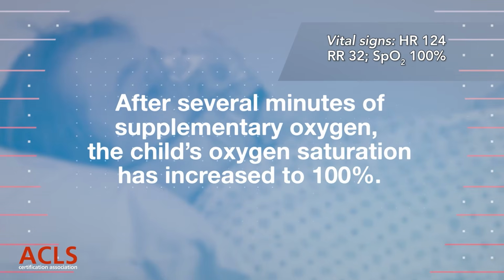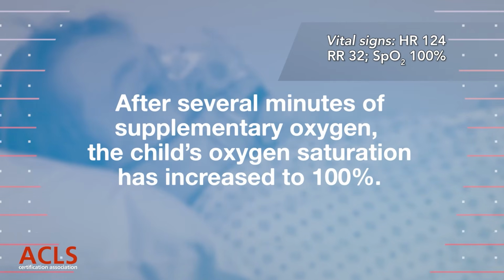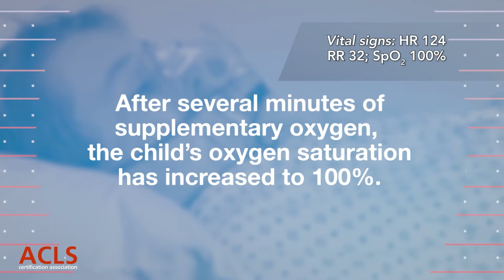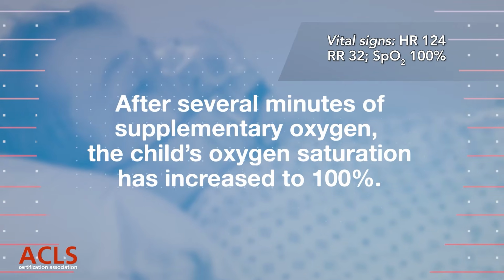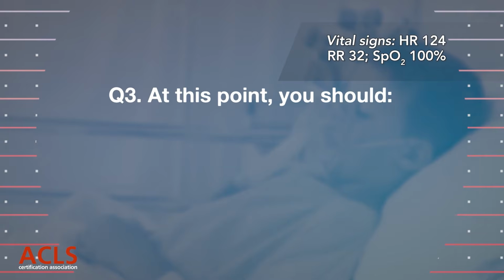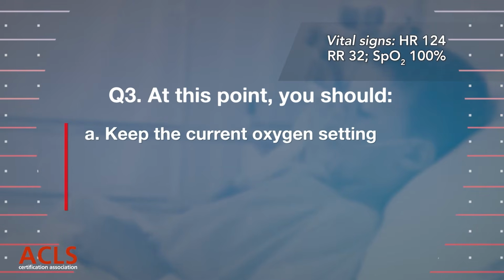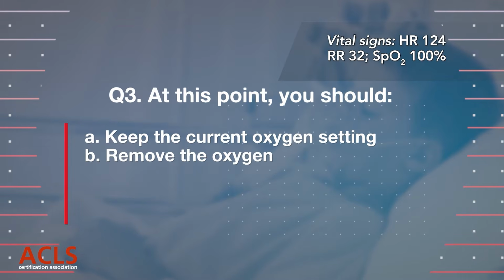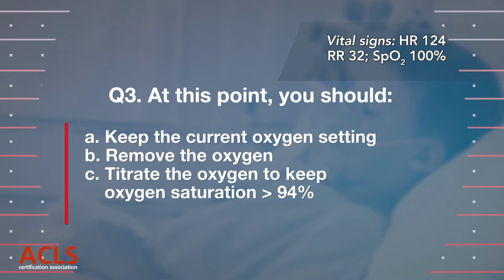After a few minutes of 100% oxygen, the child's oxygen saturation has increased to 100%. 3. At this point, you should A. Keep the current oxygen setting. B. Remove the oxygen. C. Titrate the oxygen to keep oxygen saturation greater than 94%.